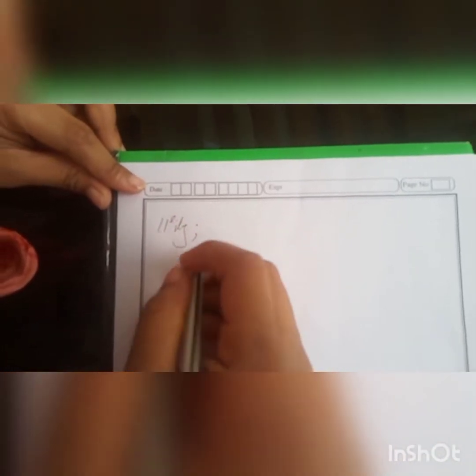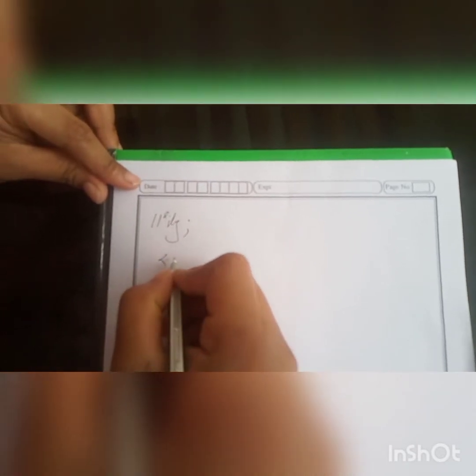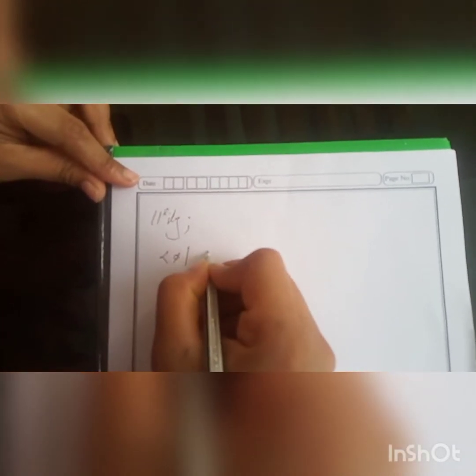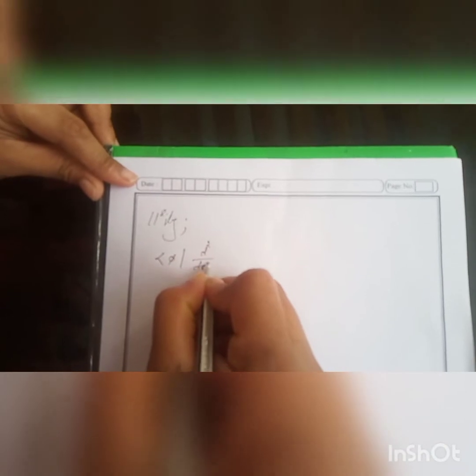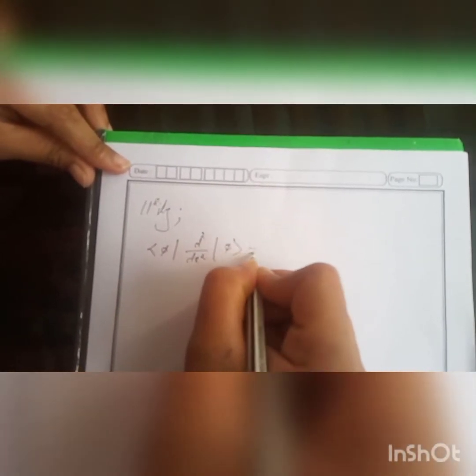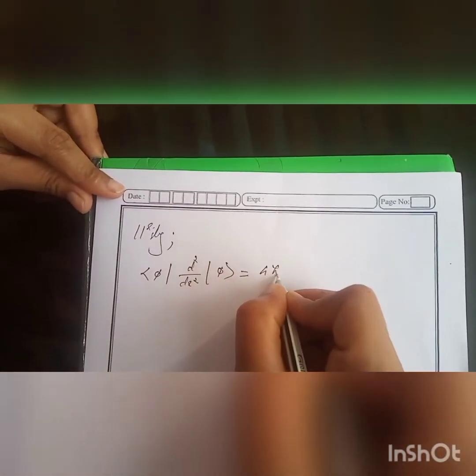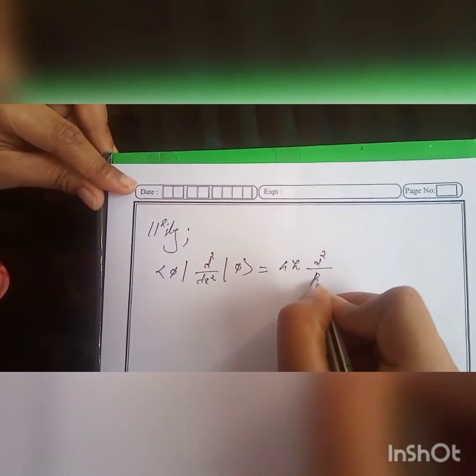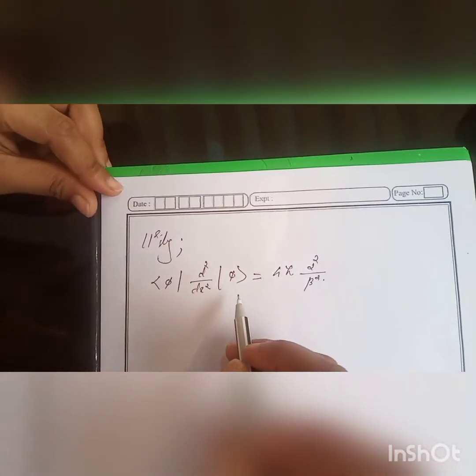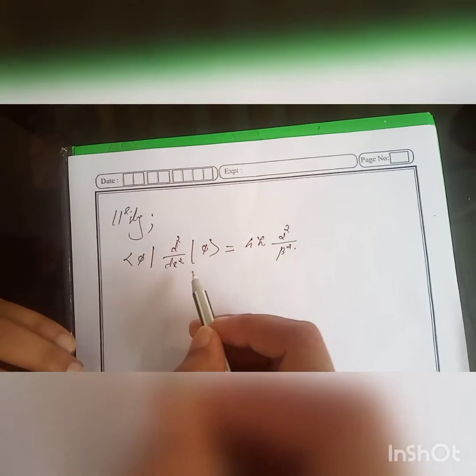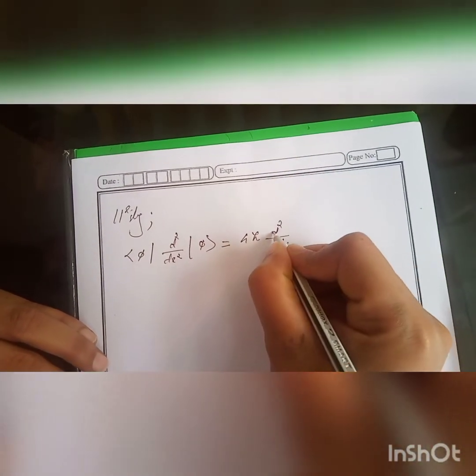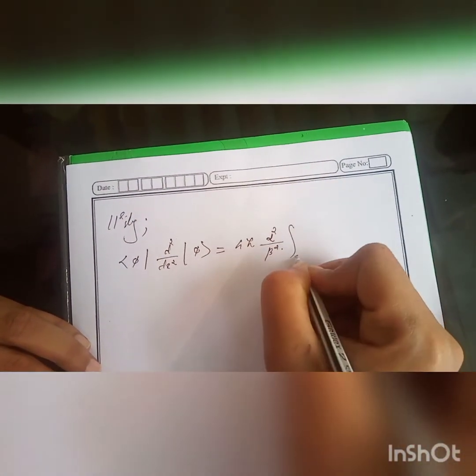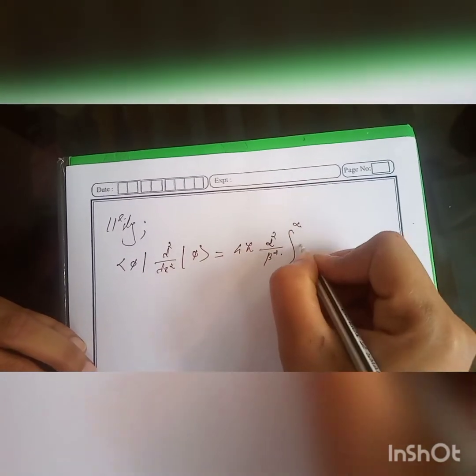Similarly, the next term is bra phi d square by dr square ket phi, which is equal to the angular part 4 pi, then alpha square by beta square. Here we differentiate phi with respect to r twice, then we get alpha square by beta square. It is a constant.